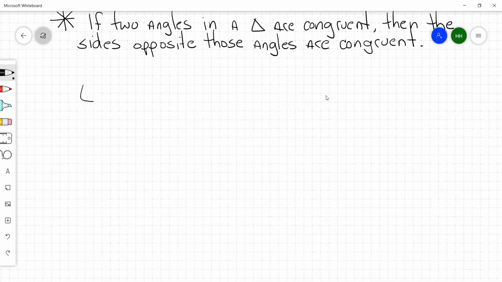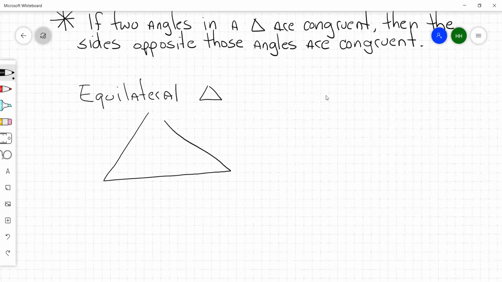Equilateral triangle. In an equilateral triangle, all the sides are the same. Here's the rule related to an equilateral triangle.